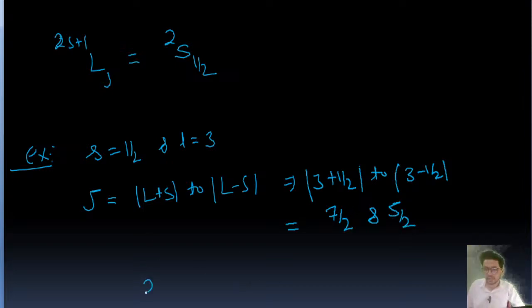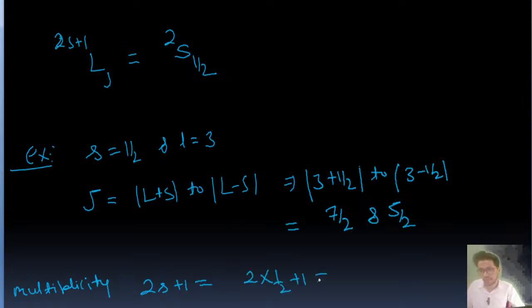And 2S plus 1 is the multiplicity, okay? 2S plus 1 is going to be 2 into half plus 1, this value is going to be 2. Okay?